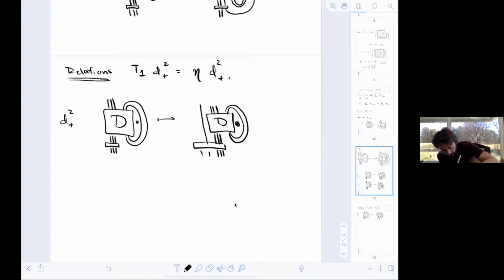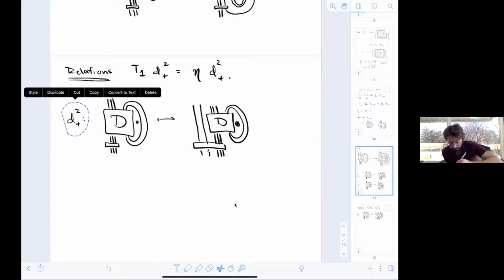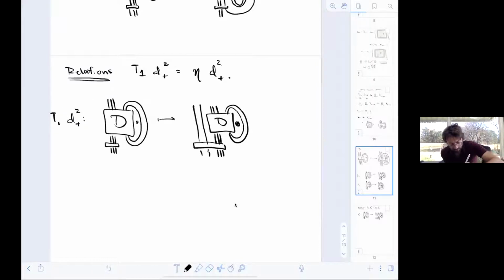So d plus squared adds a pair of strands to the left and then symmetrizes. And further, following that with a T1, and because this is the symmetrizing idempotent, it absorbs all the braids up to an appropriate scalar.